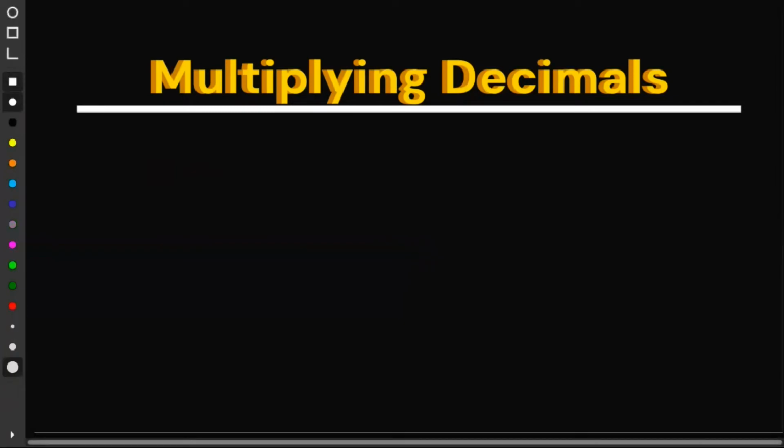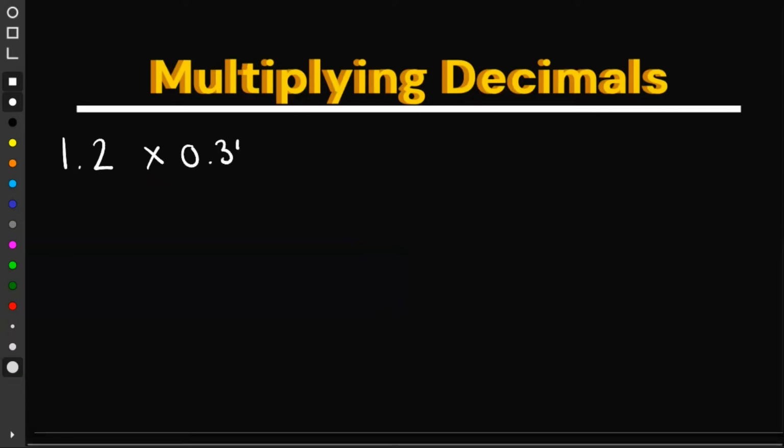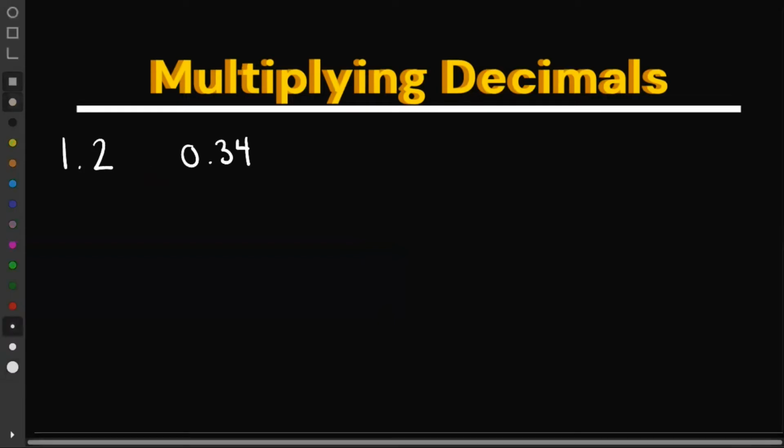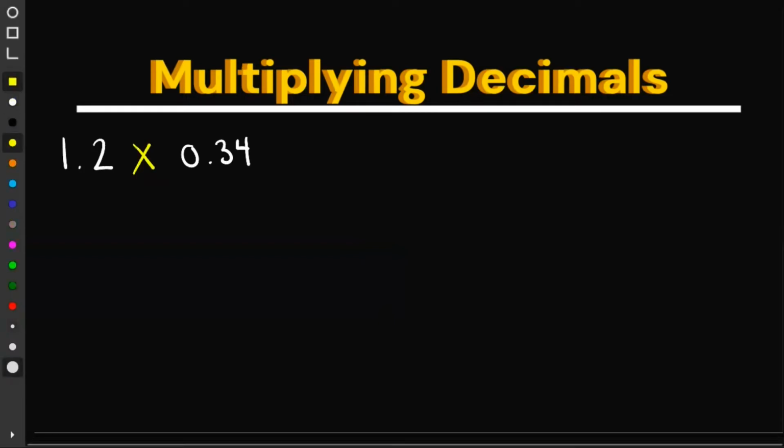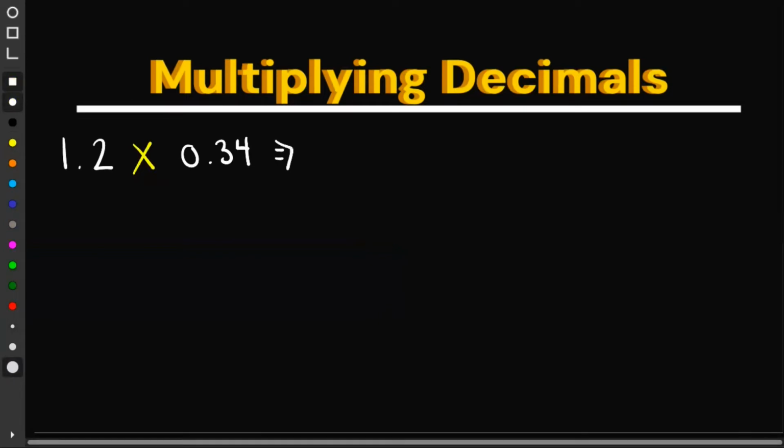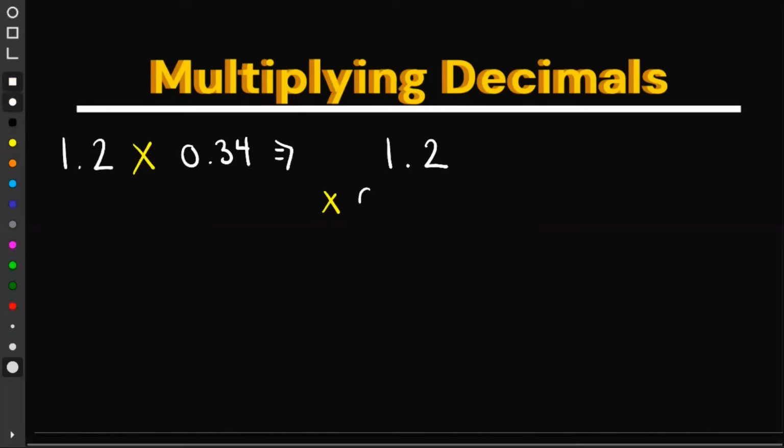Now let's have this one. If we have 1.2 times 0.34. Let's use a different color for the multiplication symbol. So we can write this one as 1.2 times 0.34.